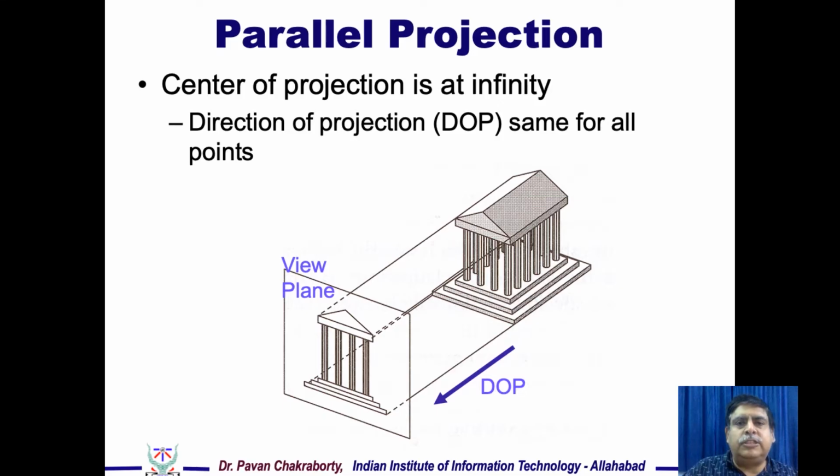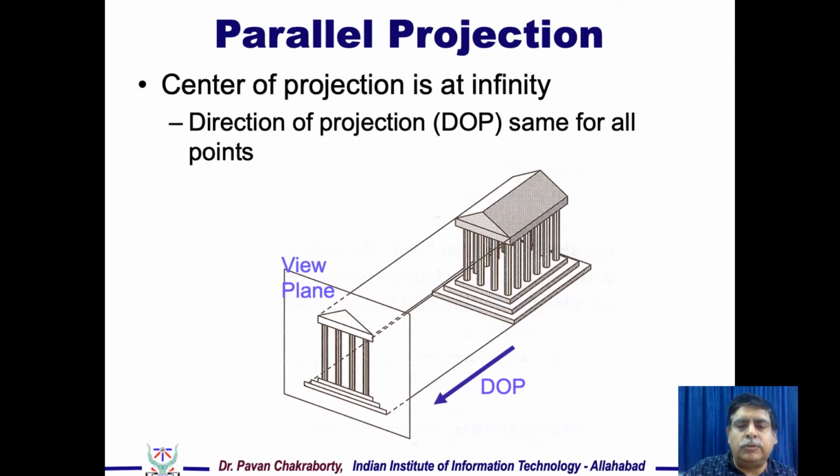Parallel projections. Center of projection is infinity. Direction of projection is the same for all points. That is, you make a straight replica of every point onto a plane.